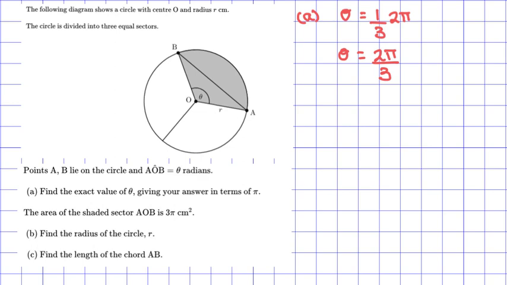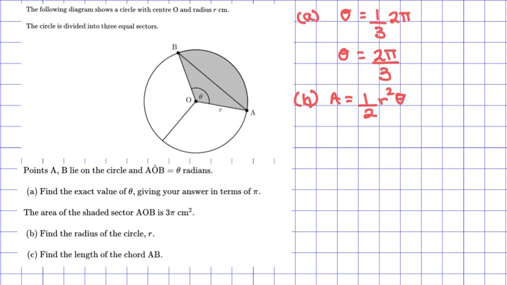Part B. The area of the shaded sector AOB is 3 pi centimeters squared. Find the radius of the circle, r. Well, we know that the area is equal to 1/2 r squared theta.